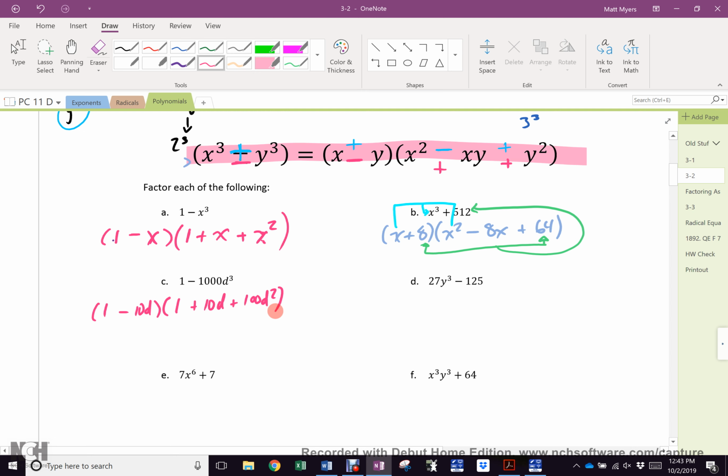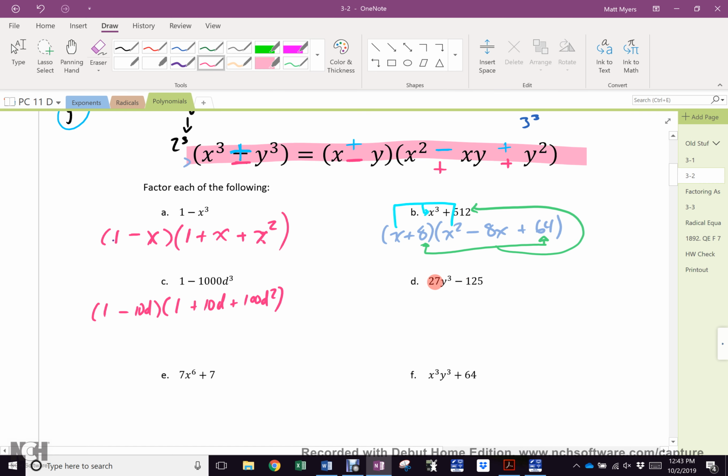All right, what happens with D? Anything? Anything different have to happen with D? Is that a perfect cube? Is that a perfect cube? Pink or blue? Pink, because it's negative.